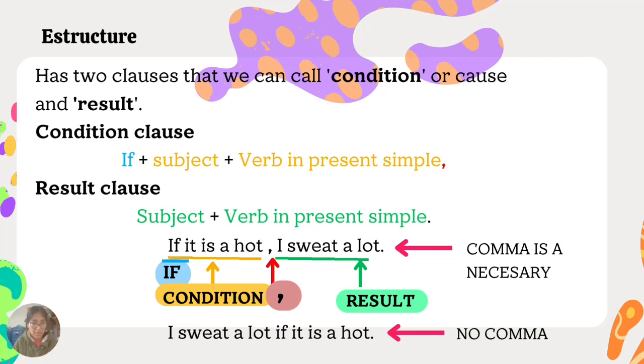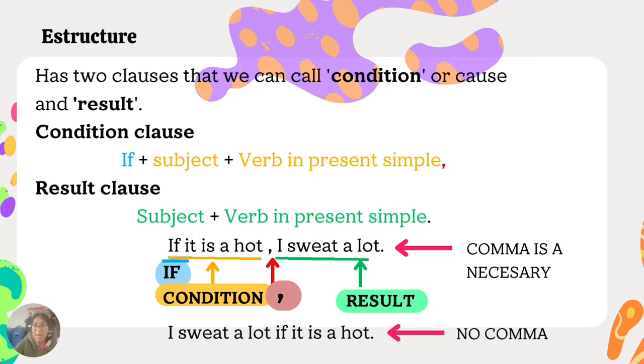This is an example: if it is hot, comma, I sweat a lot. If it is hot, this is the condition, and I sweat a lot, this is the result.